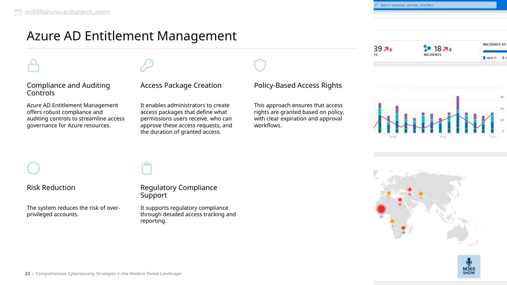Finally, Azure AD Entitlement Management provides robust compliance and auditing controls. These features streamline access governance for our Azure resources, making sure we stay on top of security and compliance requirements. Overall, these capabilities help us build a more secure, compliant, and manageable environment as part of our broader cybersecurity strategy.